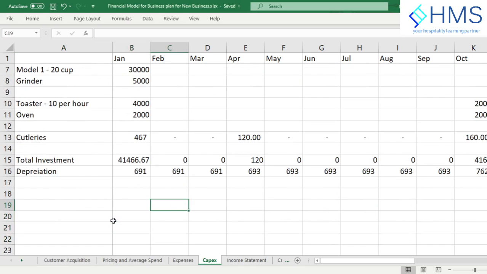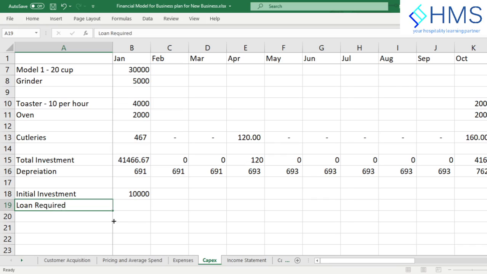So let's say now the total investment, you have an initial investment here of $10,000. So your total investment is 40,000 here, right? So how much loan do you need? Loan required. This minus this, right?